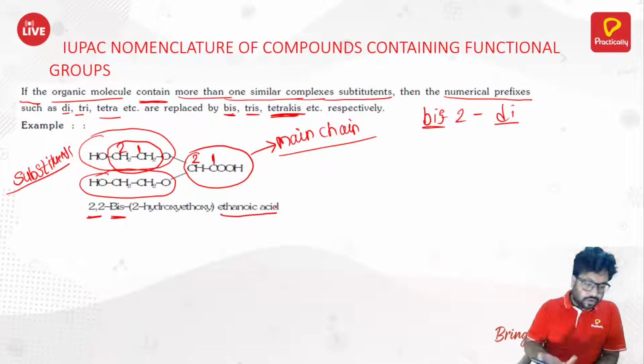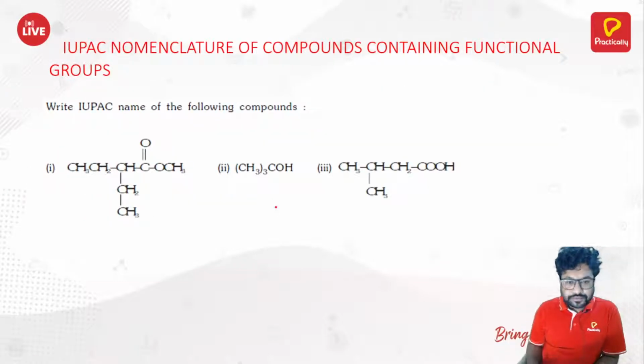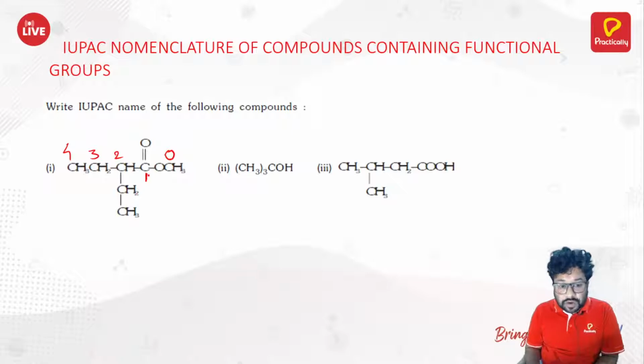Okay. So moving ahead. Now, how do you write the IUPAC name of these compounds? As I told you earlier, this is the zero position, this is the first position, 1, 2, 3, 4. You can go like this, or you can also go the other way, 1, 2, 3, 4.